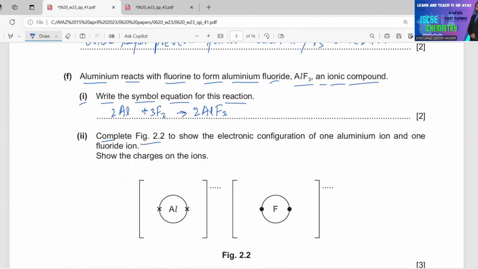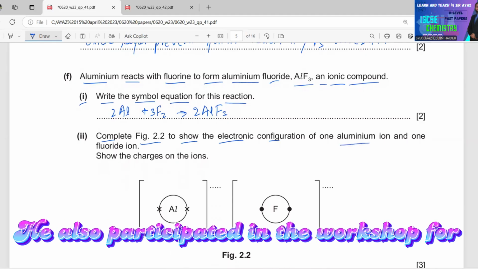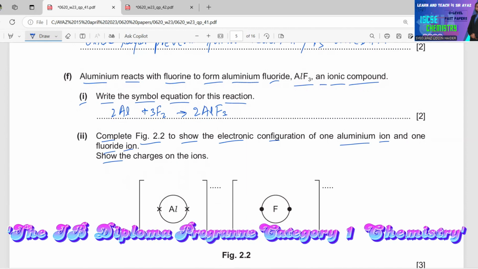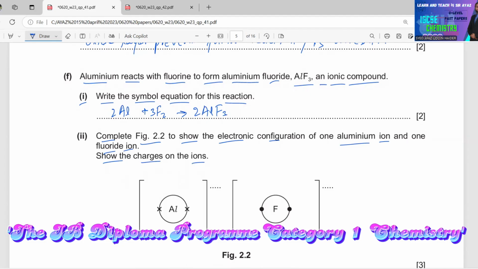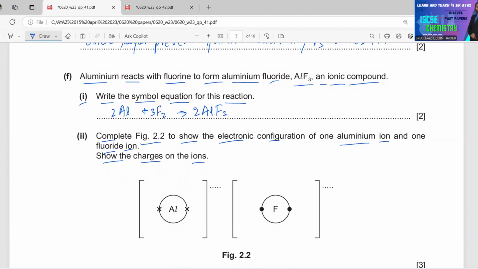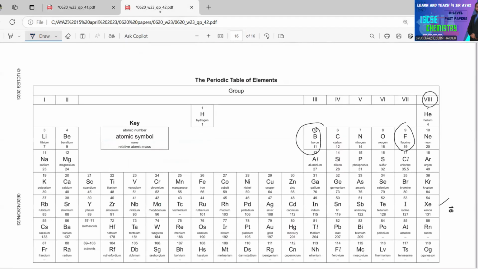Complete figure 2.2. Show the electronic configuration of one aluminum ion and one fluoride ion. Show the charges on the ions. So where's aluminum? Here's aluminum. It's in group 3. Fluorine is in group 7. The valency of group 3 is +3. And group 7, it's -1.